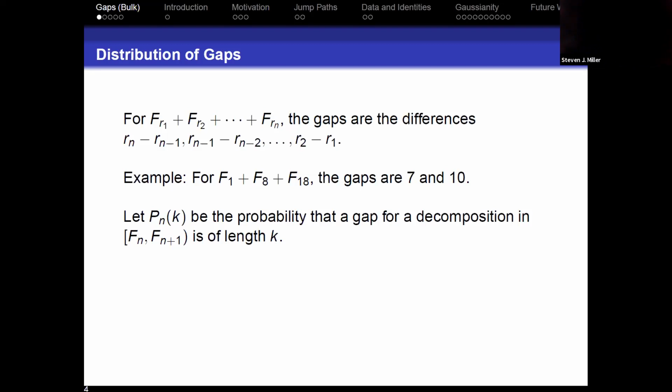And then we would have a gap of length 1 to get from there to the 1 spot, and then we would have a bunch of gaps of length 0 because we have a 9 in the ones place. But for the Fibonacci's, we know that Pn of 0 and Pn of 1 will both be 0. And the question is, does this limit exist as n goes to infinity? Is there a nice answer for what these gap probabilities are?